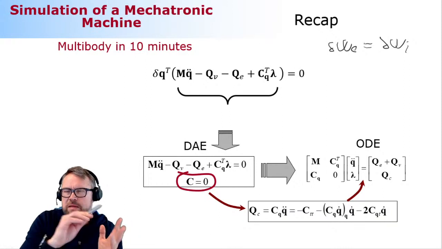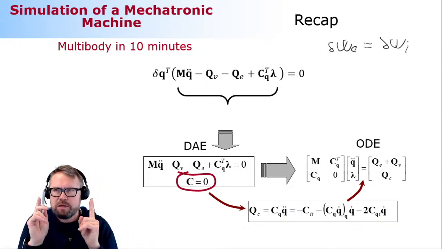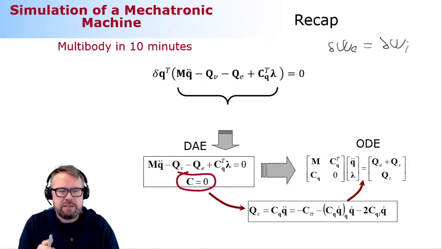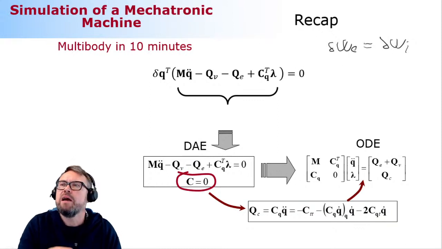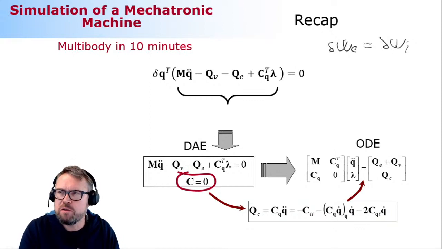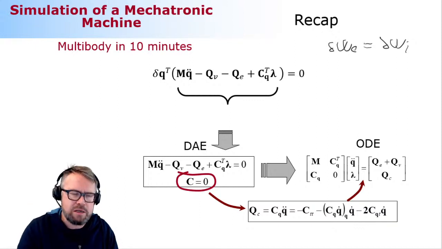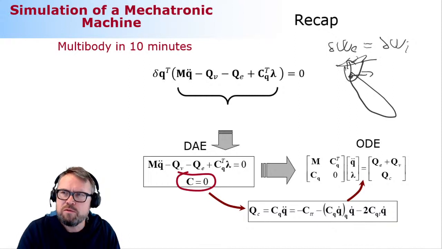This was a mathematical optimization procedure, which you don't need to know in detail, but you need to know that because of this mathematics, there is one more component here, representing reaction forces due to the constraints. Because the constraints do introduce reaction forces. Think about the pendulum here: the reaction forces this body experiences are these two force components.